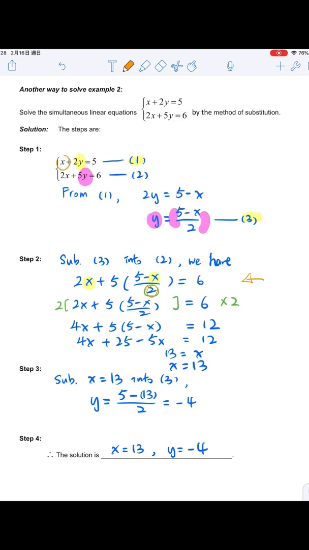So for this one, it is better to make x the subject of the equation, because in this case, operations of fractions are not involved. And so it is better to choose equation 1 and make x the subject first. If you choose y, you have to deal with the fractions. If you choose equation 2, you also have to deal with the fractions. You can try yourself.